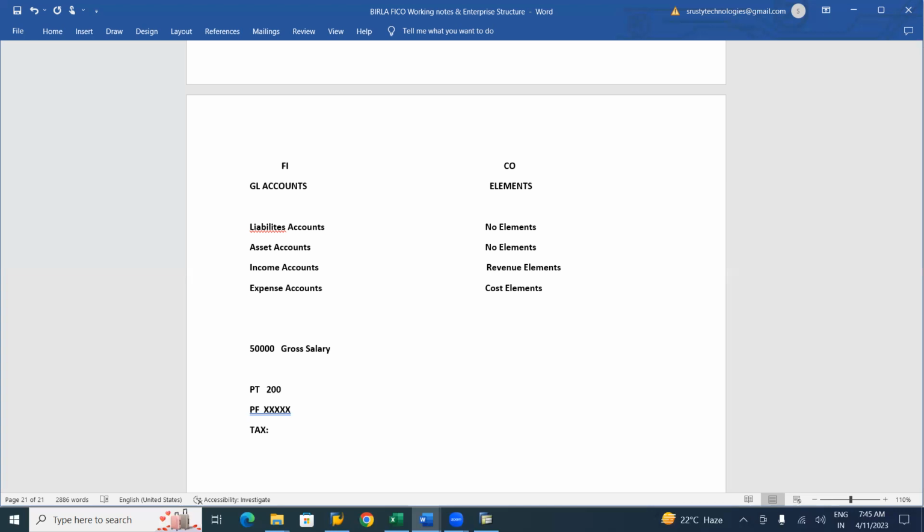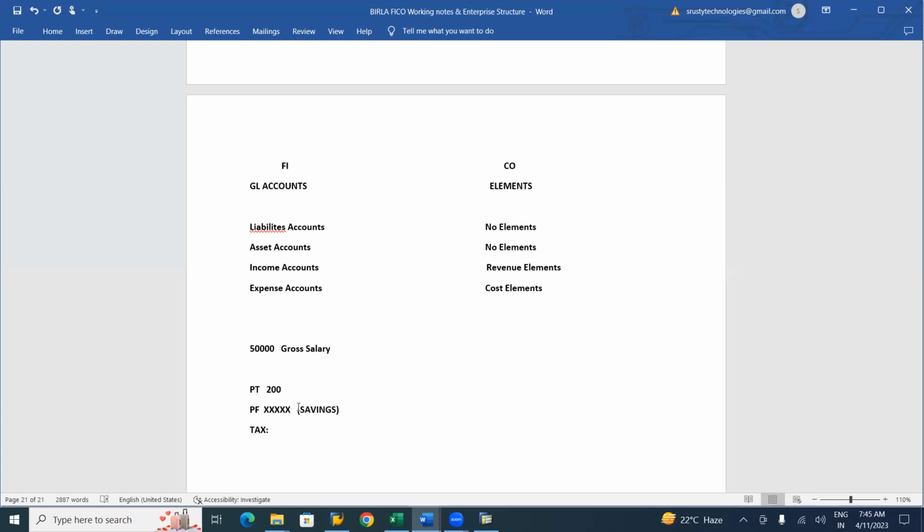It will be deducted from the salary. Why will they deduct? Professional tax, are you going to get it back? No. How about PF? We'll get it back, right? It's a part of savings from our salary.